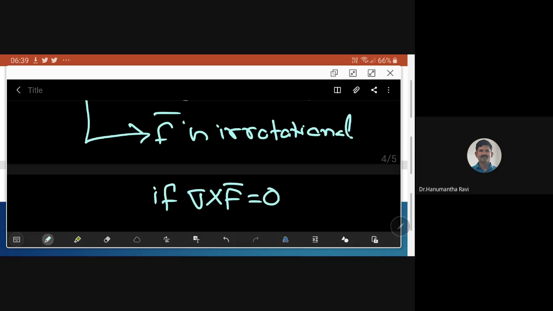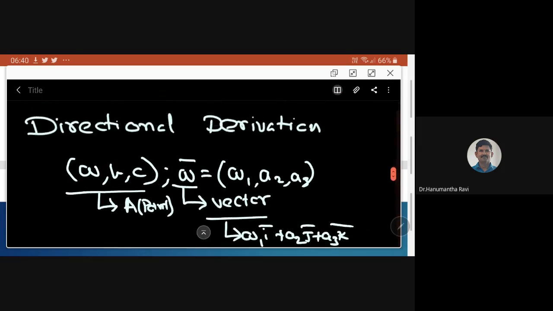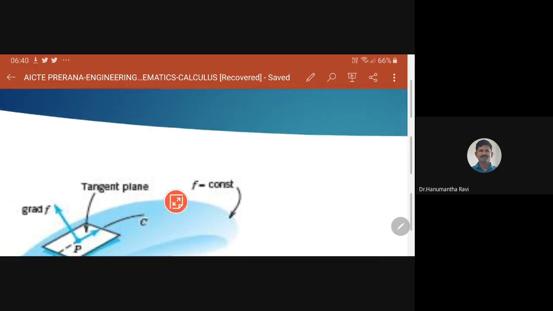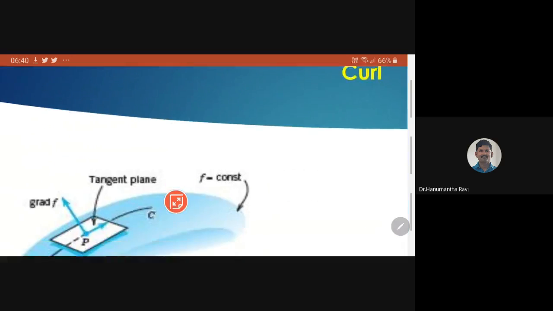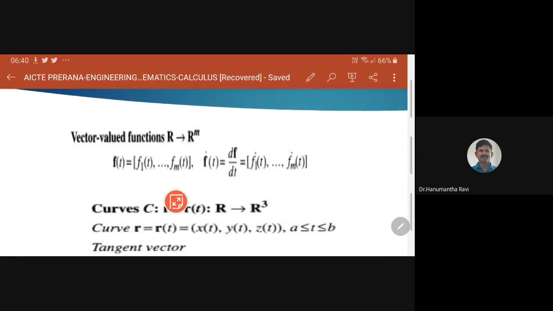This is important. So if you show that, this is enough. This is all about curves.